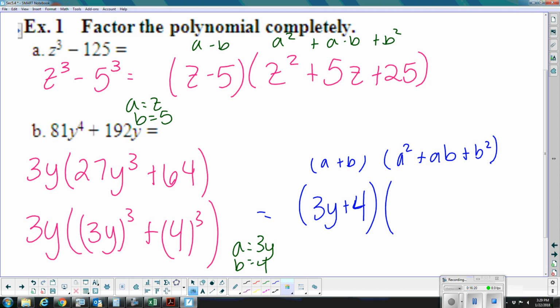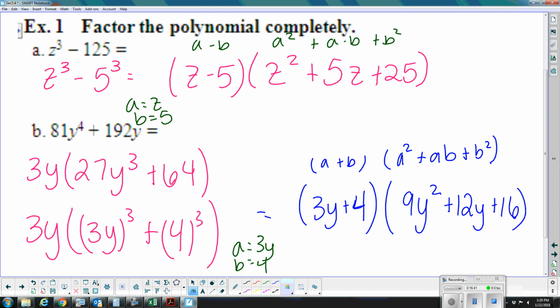Okay, so A squared is 3y squared, which is 9y squared, plus AB, which is 3y times 4, which is 12y, plus B squared, which is 16.